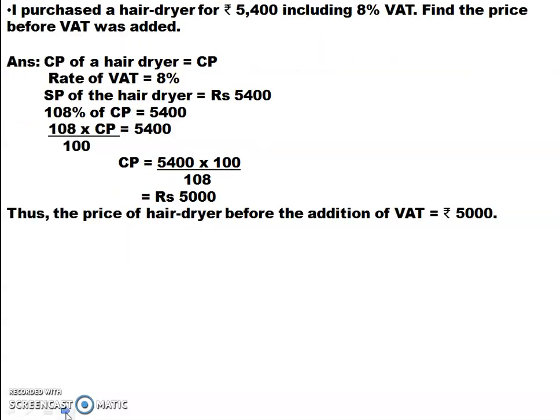I purchased a hair dryer for rupees 5400 including 8% VAT. Find the price before VAT was added. Here you can see the selling price is given because I purchased. He already purchased it. So the selling price is 5400. 8% is the VAT.